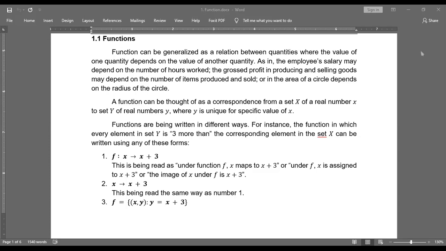Now functions are being written in different ways. For instance, the function in which every element in set Y is 3 more than the corresponding element in set X can be written using any of these forms.